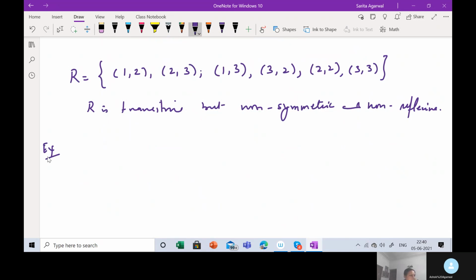Now we are coming to other examples, that is of the equivalence relations, non-equivalence relations, something like this, right? So we see what is here.